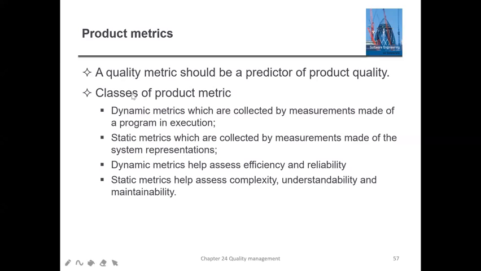So we have some classes of product metrics. The first class is dynamic metrics, which are collected by measurements made of a program in execution. It means that when we have executed any of the programs, we collect some data from that, and that is based on your dynamic metrics.